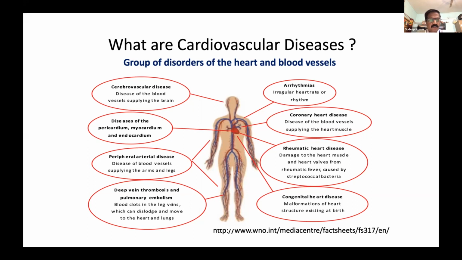And stroke is another important cause of death. So these are the two important aspects why we are discussing diet for the prevention of cardiovascular disease, and we'll see why diet is important.